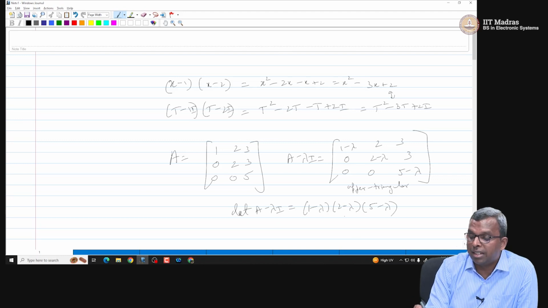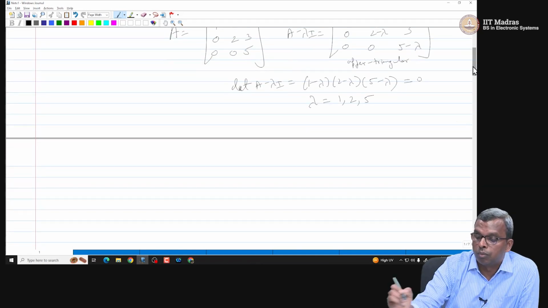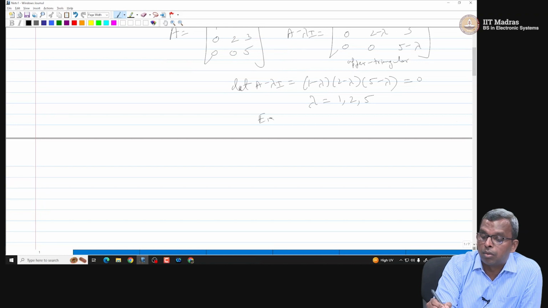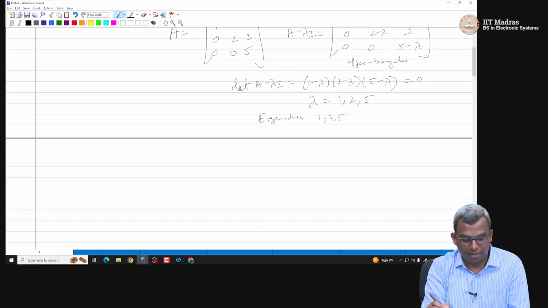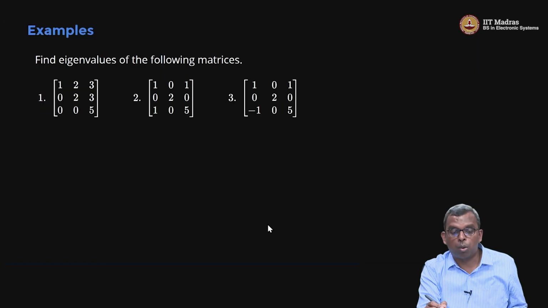So it's a degree 3 polynomial, but it's already factored, right? So if you say 0, then lambda is going to be 1, 2, 5. So the eigenvalues are 1, 2, 5. Great, isn't it? Quite easy.